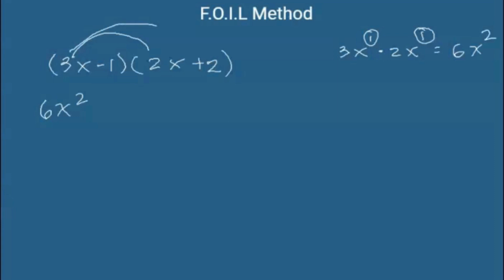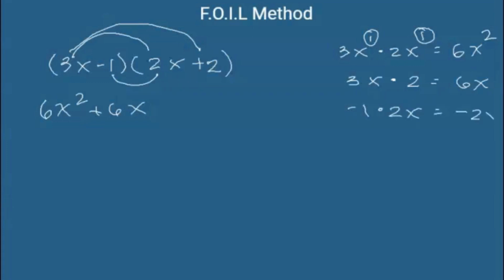Then 3x times 2 would be 6x, so plus 6x. Then negative 1 times 2x is negative 2x, so minus 2x. And negative 1 times 2, the last terms, is negative 2, so minus 2.